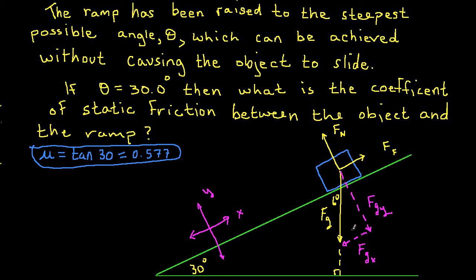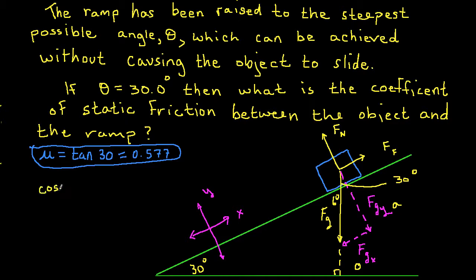Okay, so we know that this angle right here is 30 degrees. Okay, great. So from the 30-degree angle's point of view, this is the opposite side, and this is the adjacent side. So we know the hypotenuse, and we're trying to break it down into the opposite and the adjacent side.